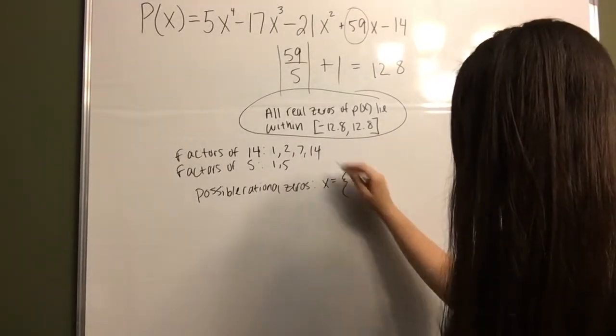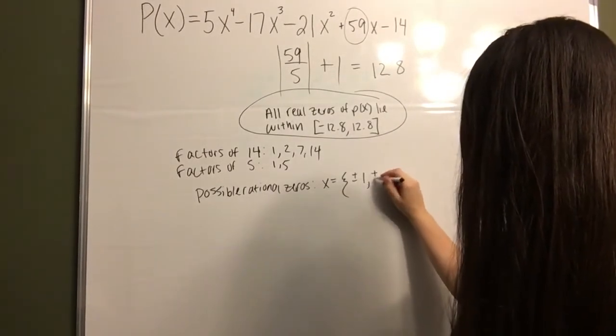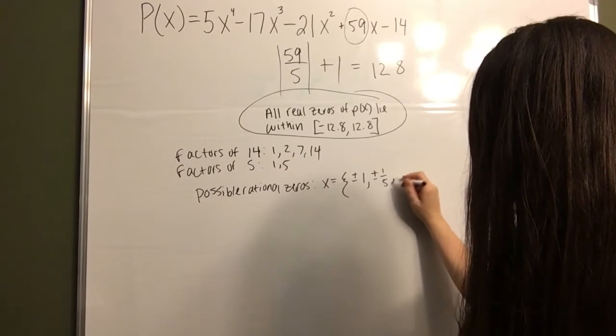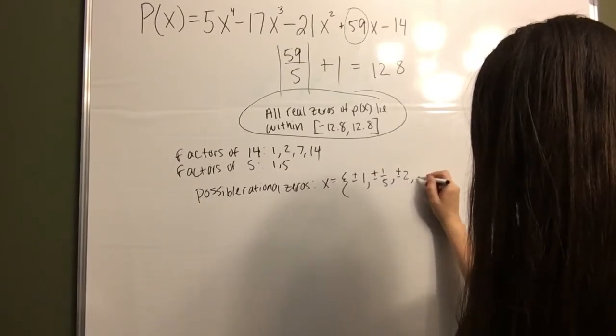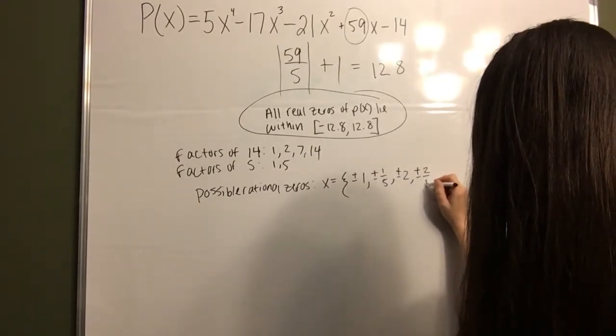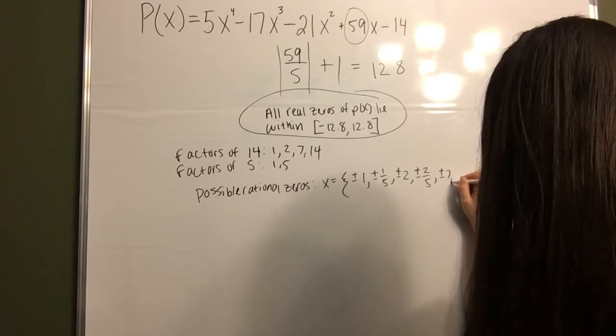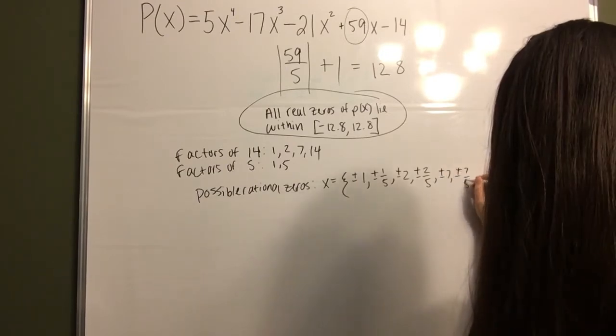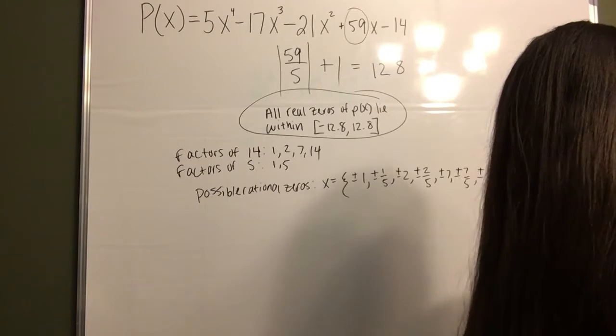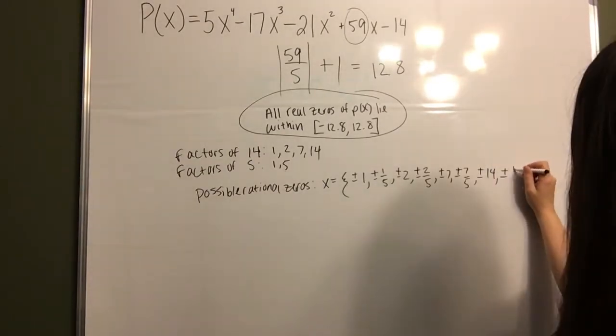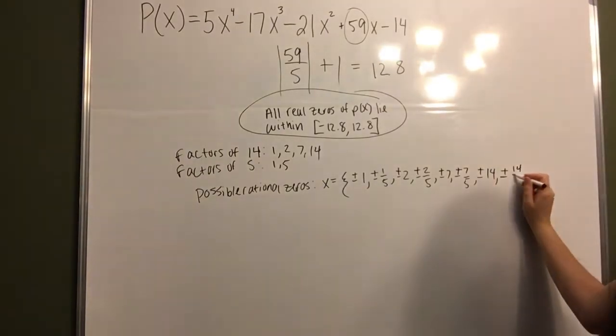So we get plus or minus 1, plus or minus 1/5, plus or minus 2, plus or minus 2/5, plus or minus 7, plus or minus 7/5, plus or minus 14, plus or minus 14/5.